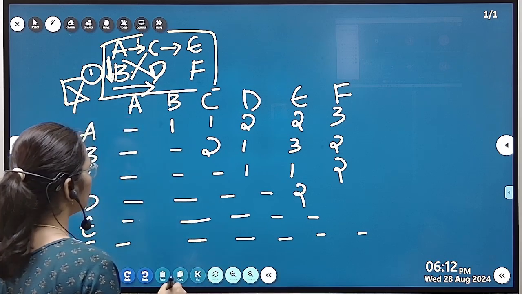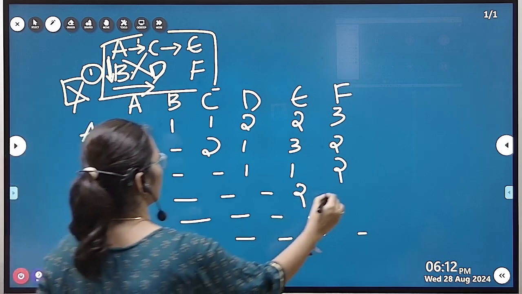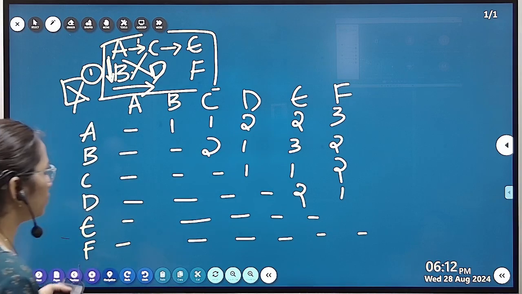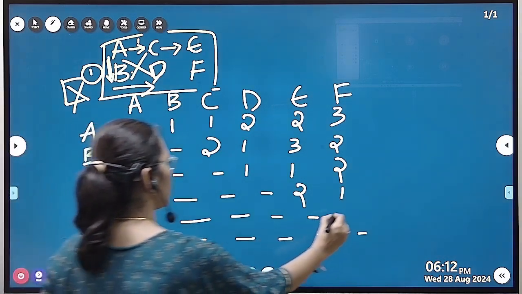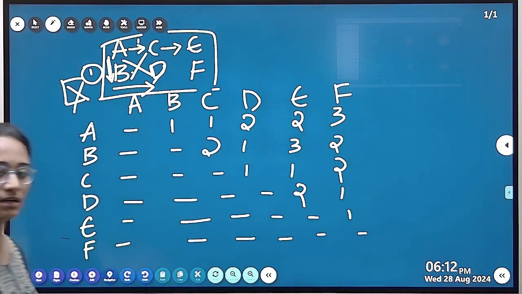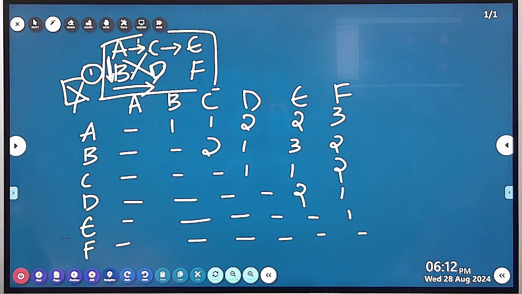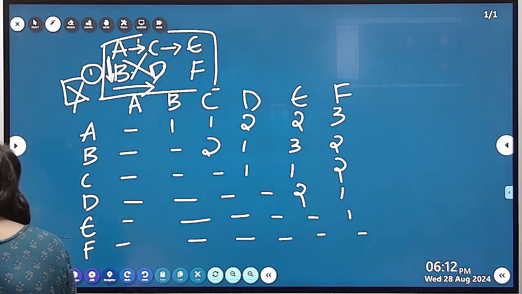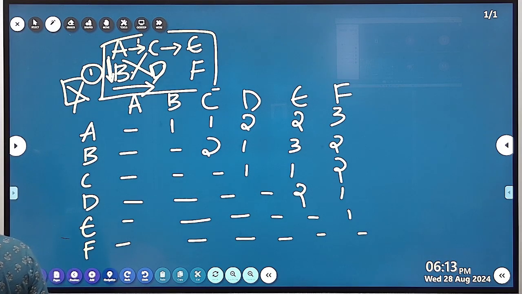Next D to F, 1. Next E to F, 1. So this is the distance matrix we need to find. Everyone got it? Online? Yes, ma'am.